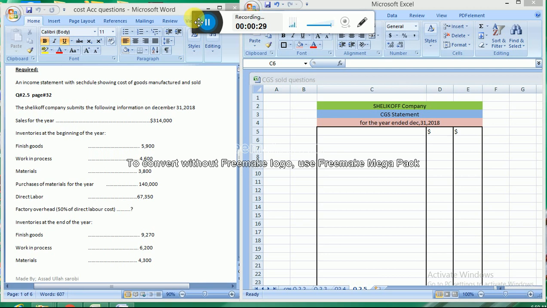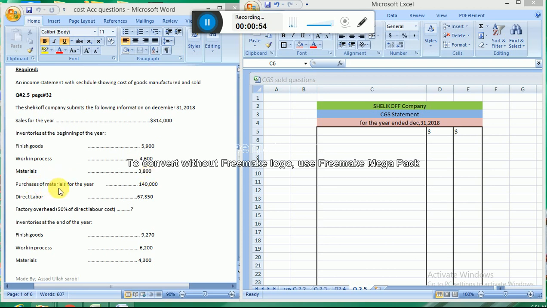Sales for the total year is $3,14,000. Inventories at the beginning of the year: finished goods 5,900, work in process 4,600, and direct materials 3,800. That is the beginning inventories.